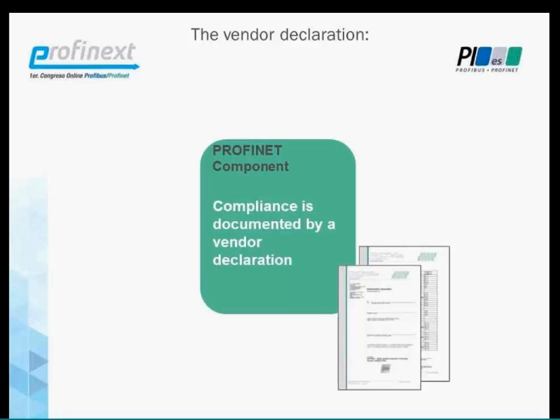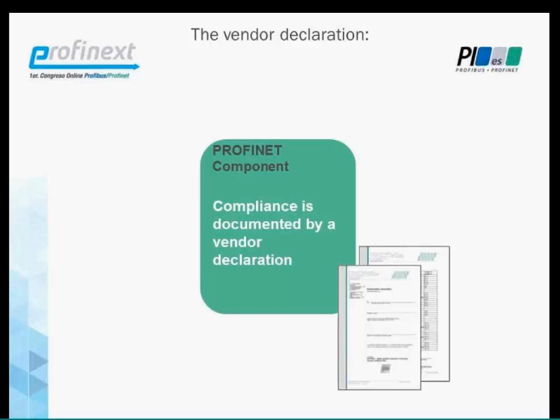So we decided to have a vendor declaration. Everybody who wants to sell Profinet components for cabling has to give a certificate and a vendor declaration for compliance to this Profinet document. And so you find there on the homepage of the PNO in the internet a complete list of all vendors who have declared this vendor declaration.